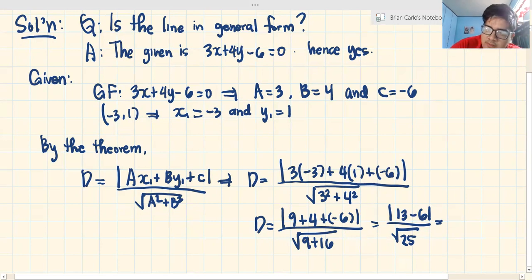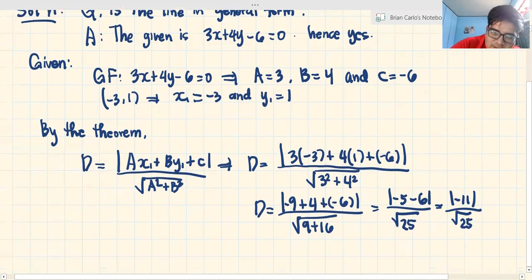Napapansin ko, this is ano pala? I have an arithmetic error. This is negative 9. Negative 9 kasi 3 multiplied by negative 3. Di ba? Nakikita nyo. So, negative 9 plus 4 is negative 5. I'm sorry, negative 5. Pero ganun pa rin. Magiging absolute value of negative 11, minus 11 all over the square root of 25.